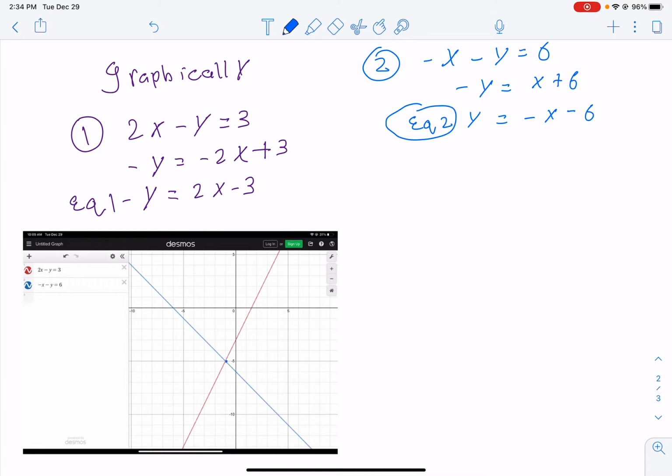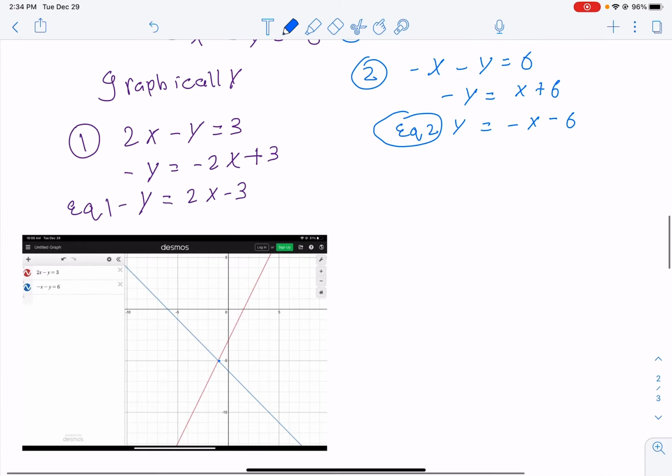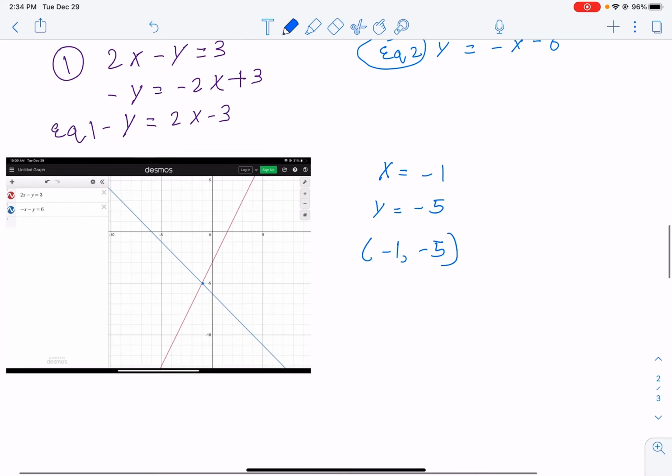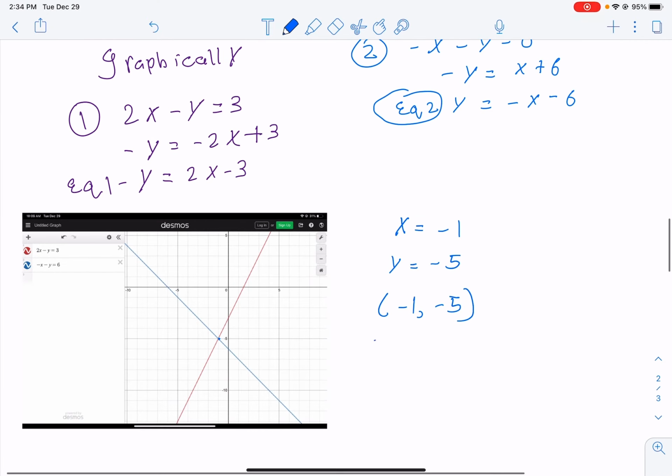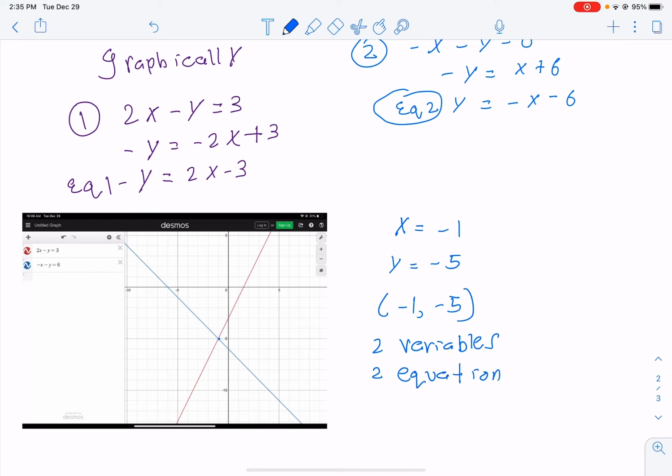So for this problem, when x equals negative 1, y equals negative 5, that's our solution, and we know that negative 1, negative 5 would be our solution in the xy coordinate plane. You have two variables, two equations, you have a point as your solution if they intersect.